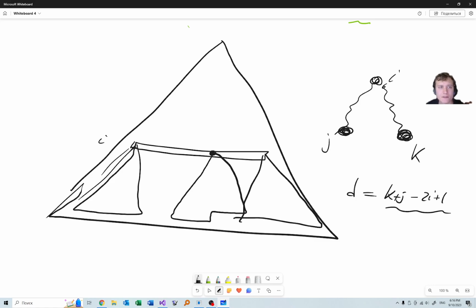So if we have n vertices in our tree, then the maximum depth is leading 1 of n.